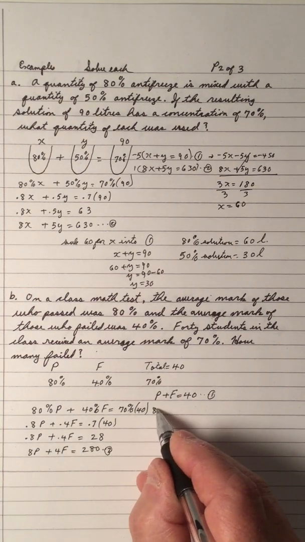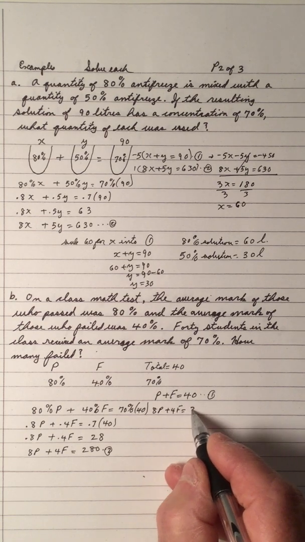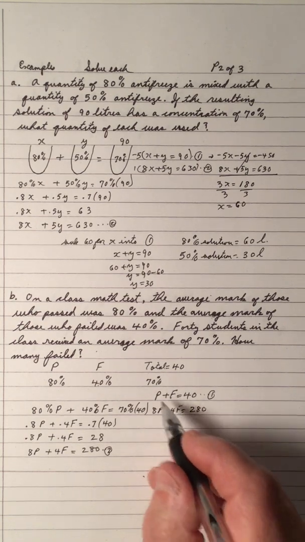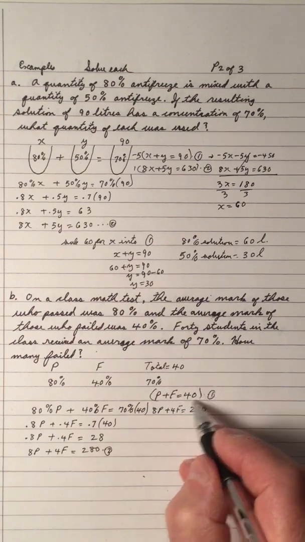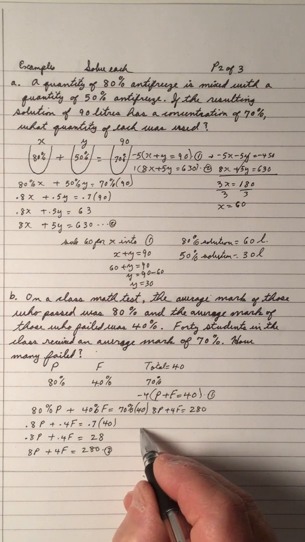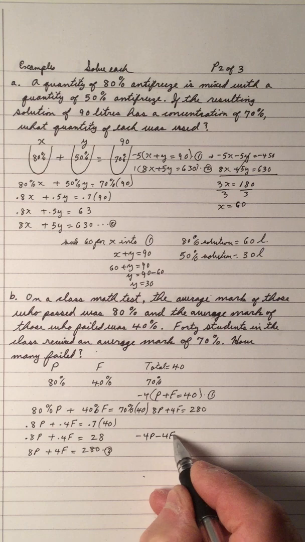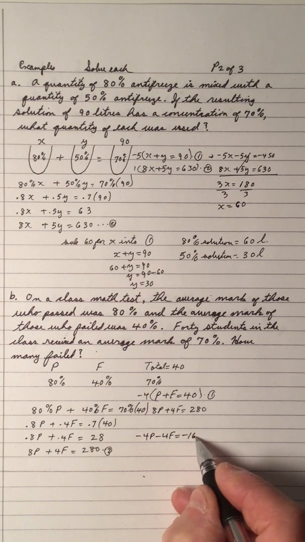So if we put 8P plus 4F equals 280 below each other, I'm going to multiply this equation by negative 4. And that gives us negative 4P minus 4F equals negative 160.